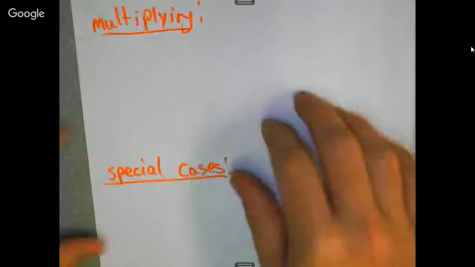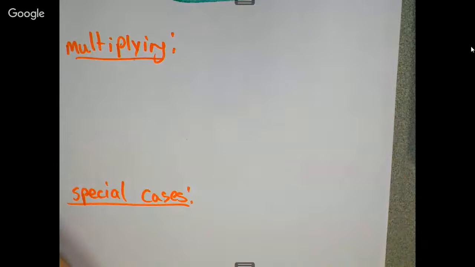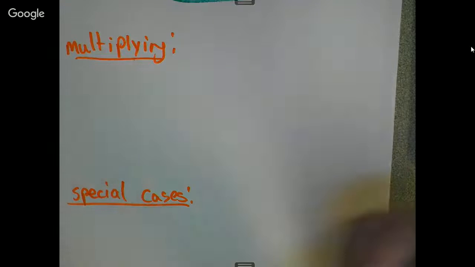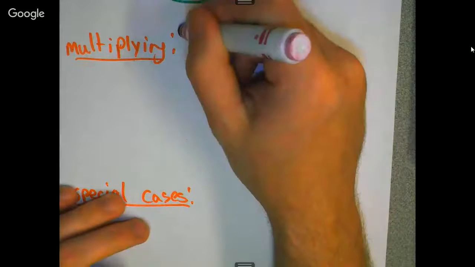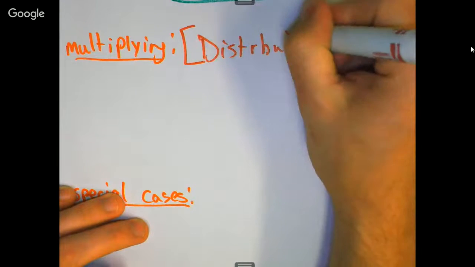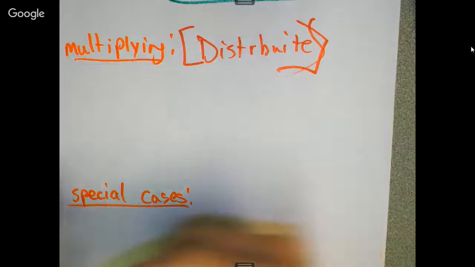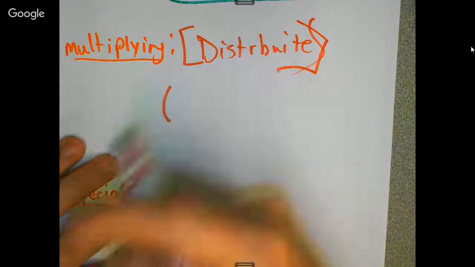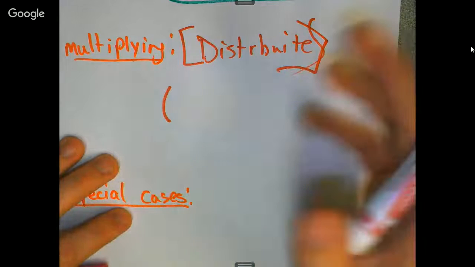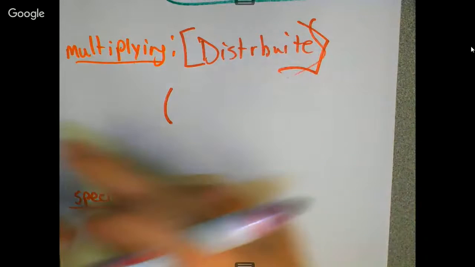Okay, we can multiply polynomials, and we do that by distributing. Again, I probably spelled that wrong. That's okay. So if we are multiplying, and a lot of you wanted to do this in chapter 2, 0.2 with just all the multiplication stuff.